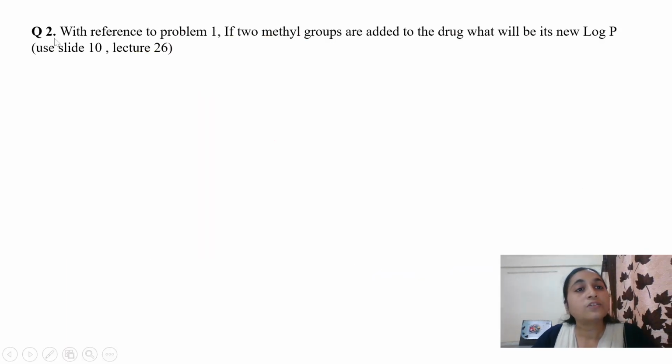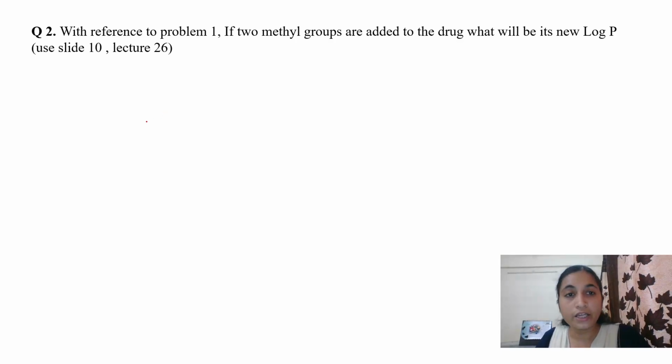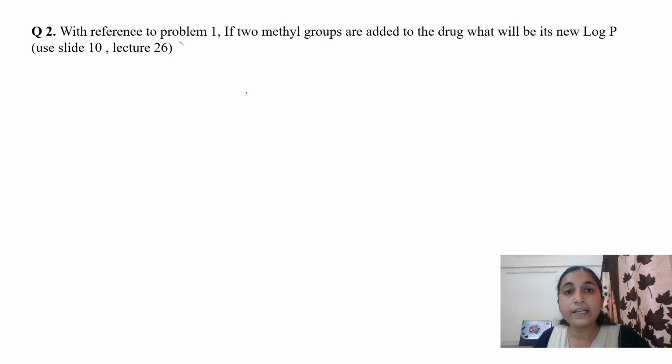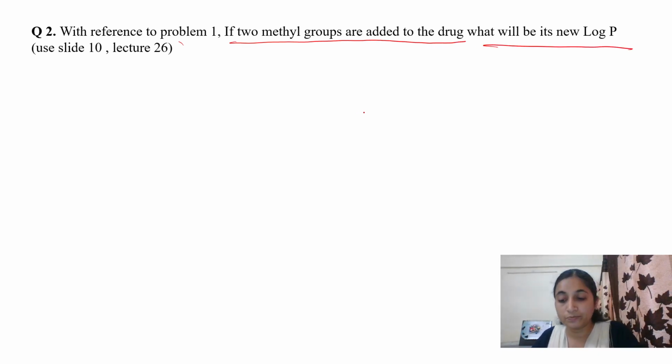Okay, so question 2. With reference to problem 1, if 2 methyl groups are added to the drug, what will be its new log P? In continuation with problem 1, they are telling us that if we add two more methyl groups on that drug, what will be its new log P value?